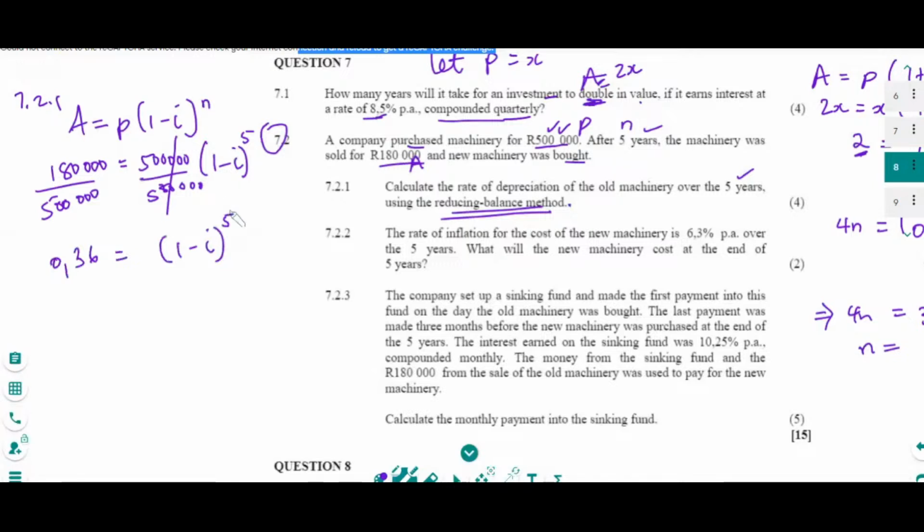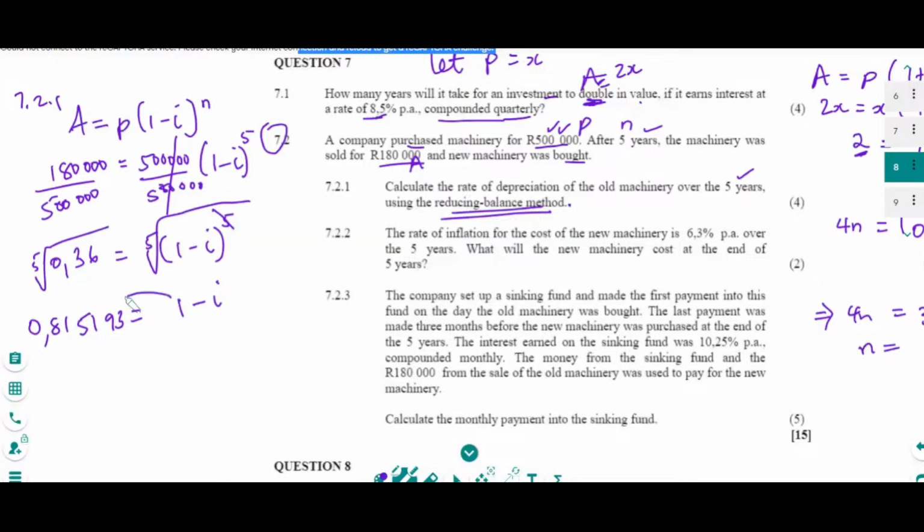Then for me to get rid of the 5, I must find the fifth root on both sides. So that cancels. I'm just left with 1 minus i. And then the fifth root of that is going to give me 0.815193. I would advise you not to use 2 decimals before the final answer. At least 4 would be reasonable before you get to the final answer.